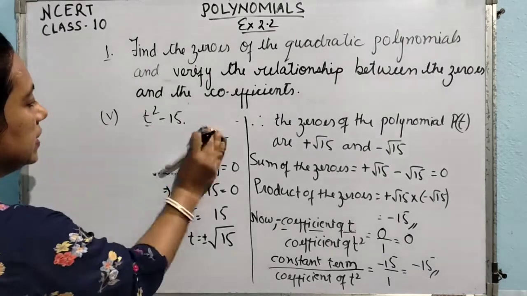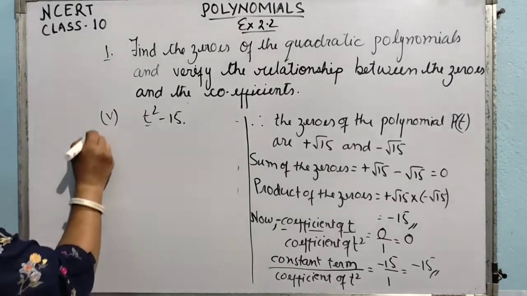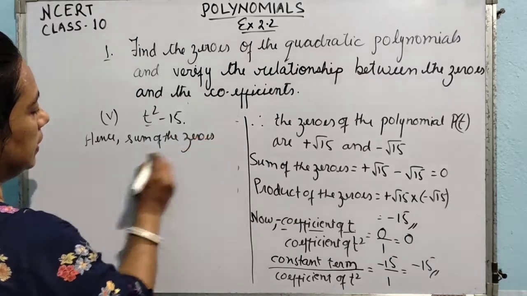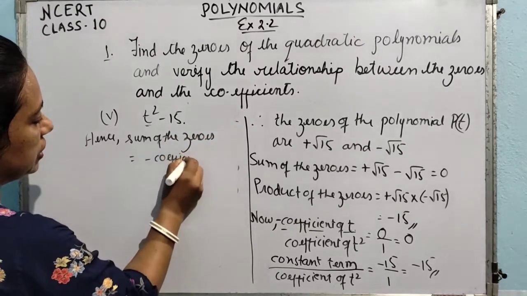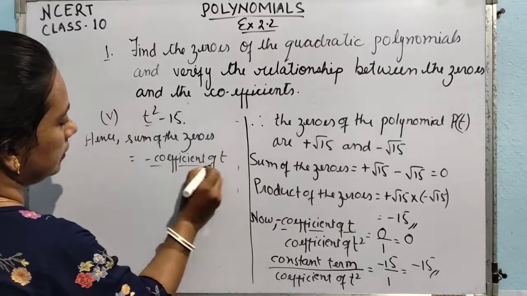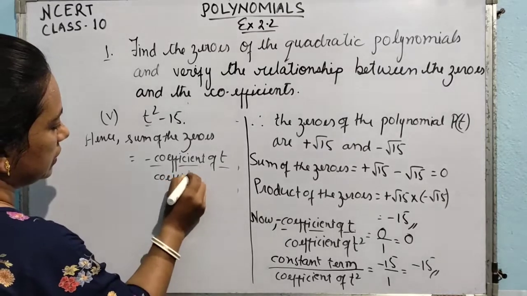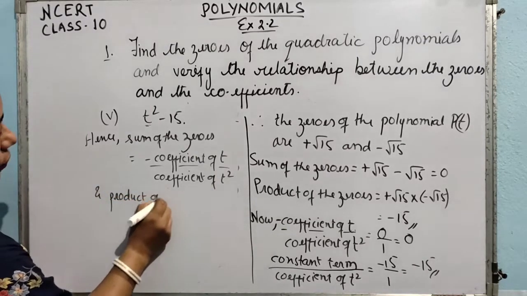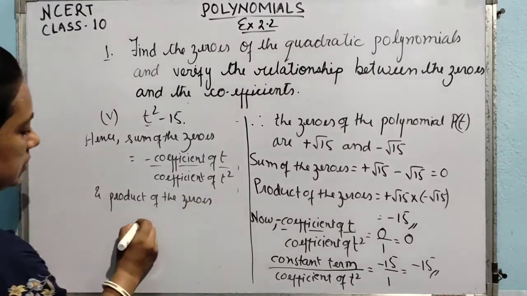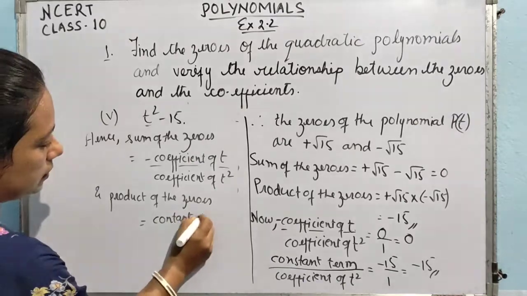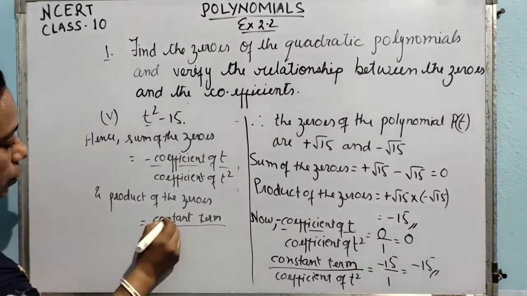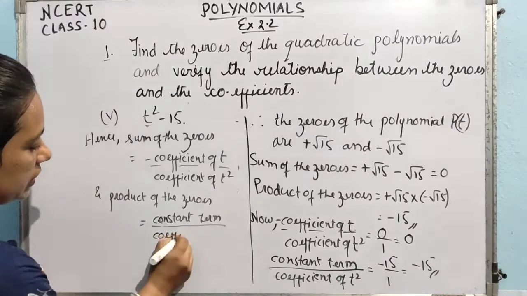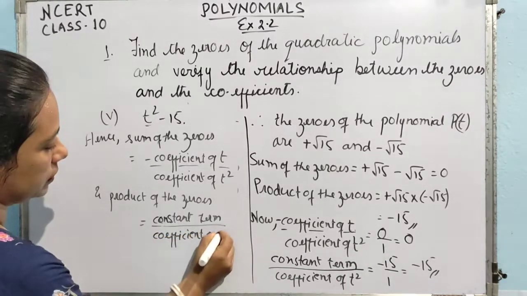So it is verified. So the last line what we have to write is, hence, sum of the zeros is equal to minus of coefficient of t by coefficient of t square, and product of the zeros is equal to constant term by coefficient of t square.